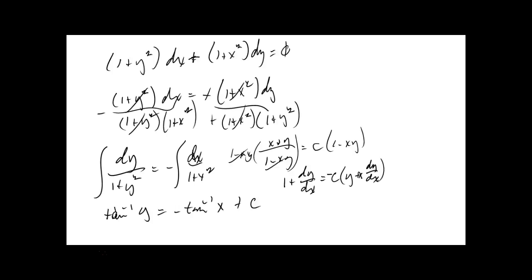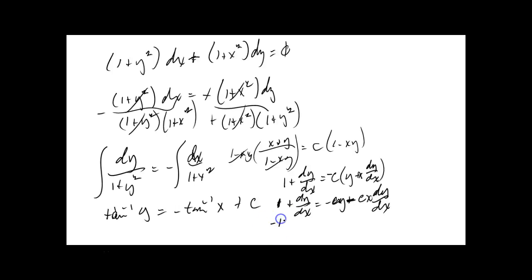So, let's solve for dy dx. Okay? So what I'm going to do is subtract, well, let's do this one step first. 1 plus dy dx is equal to minus cy minus cx dy dx. Okay? Now, let's get our dy dx's on the same side and everything without a dy dx on the other.